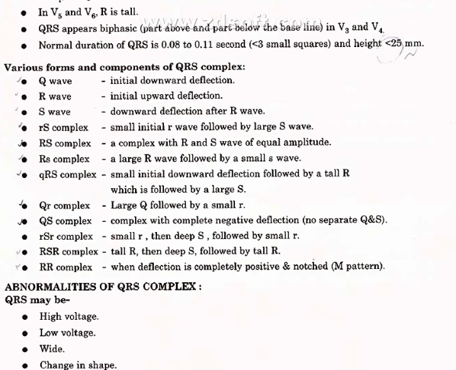QS complex, complete negative deflection, no separate Q and S. rSr complex, small r then deep S followed by small r. RSR complex, tall R then deep S followed by tall R. RR complex, when deflection is completely positive and notched, M pattern.